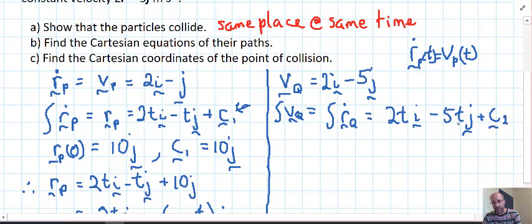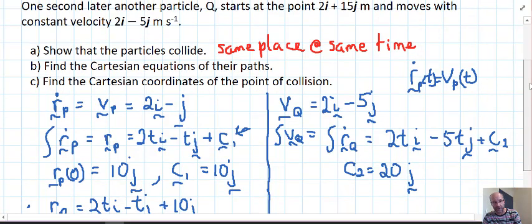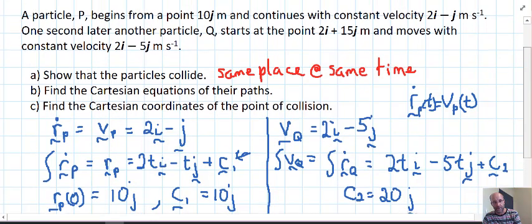And since we've been given above for t equals 0, we know that C2 equals 20 in the same way as we've been doing in previous questions. And that's based on the given information above there.